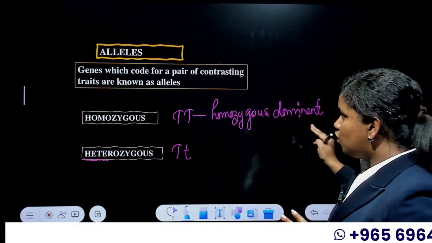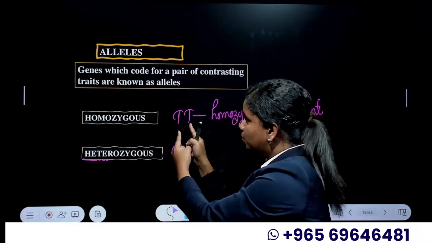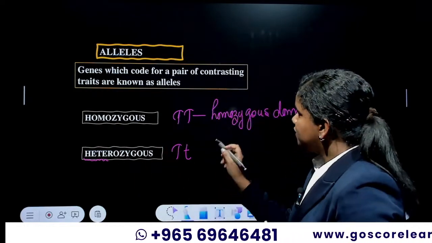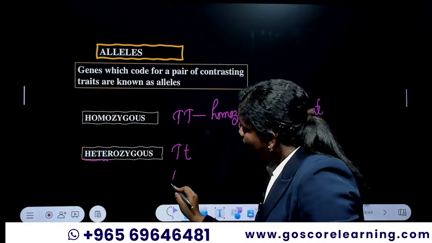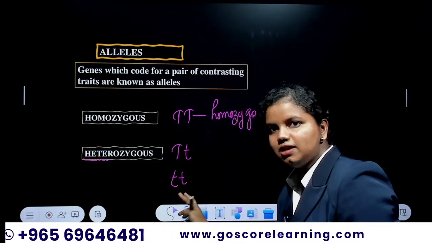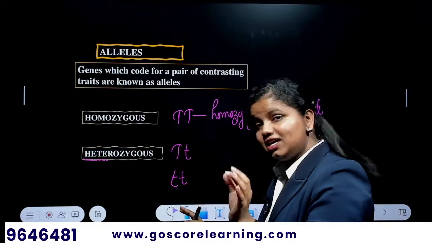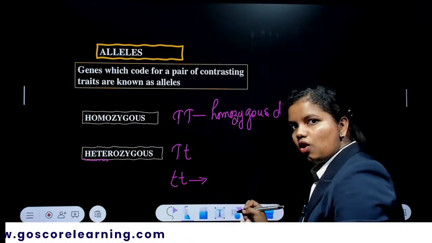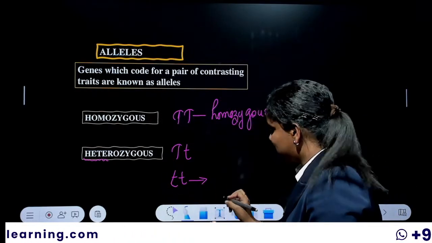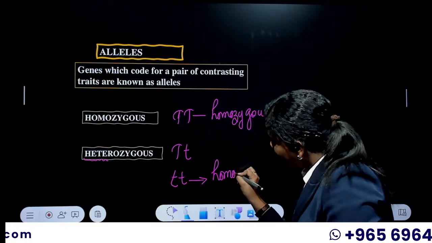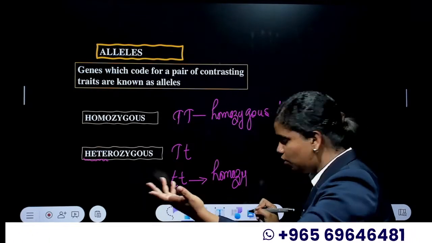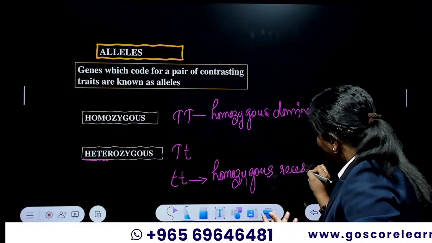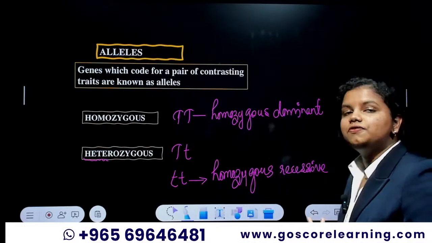So homozygous dominant is a condition where both the alleles are written in capital letters. If I'm using both alleles the same, homozygous, but in small letters, in lower case, then this is a homozygous recessive condition.